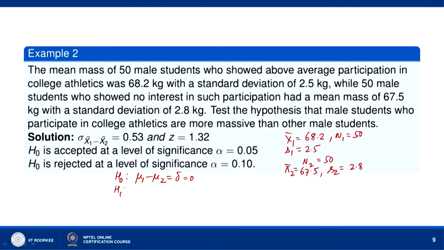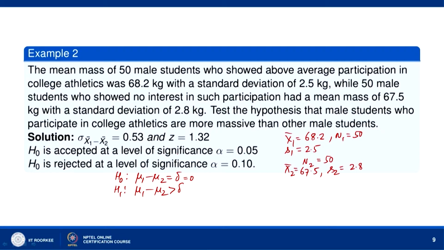The alternative hypothesis is mu 1 minus mu 2 is greater than delta, that is, mu 1 minus mu 2 is greater than 0, where delta is 0. That is, the male students who participate in college athletics are more massive than other male students.